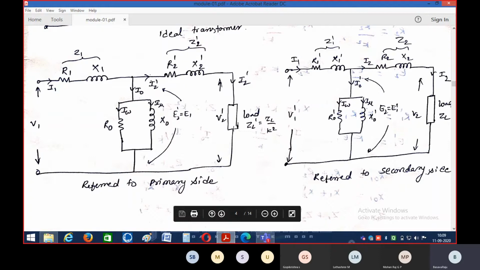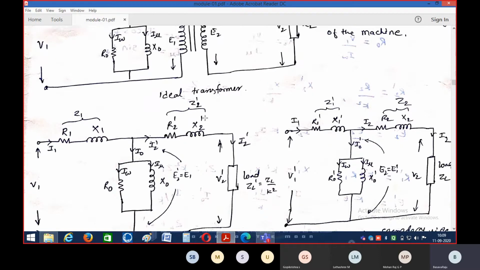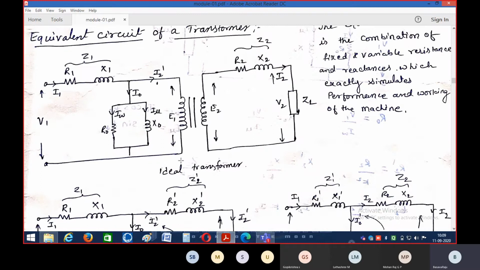But during this transformation of secondary elements to the primary circuit, resistance and reactance will definitely change. Now see here, this is the circuit representation both with respect to primary as well as the secondary. Whatever secondary resistance and secondary reactance we have on the secondary circuit, if I shift them to the primary circuit, then these values of resistance and reactance will change, right?